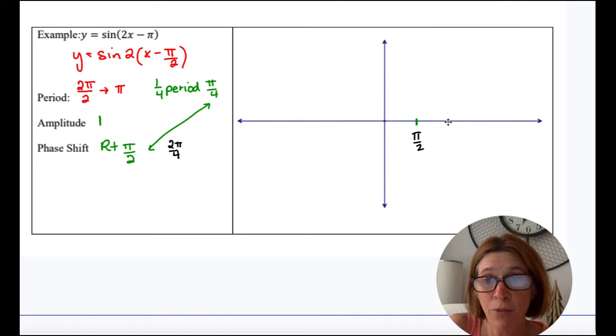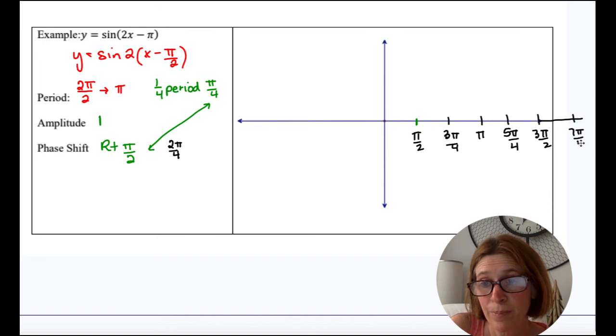Going another pi over 4 would be 3 pi over 4. 4 pi over 4 would be pi. 5 pi over 4. 6 pi over 4 would be 3 pi over 2. And I'll do one more, 7 pi over 4. Okay, if I went backwards the other direction, I'd be pi over 4, 0, negative pi over 4, and I'm going to just do negative pi over 2.